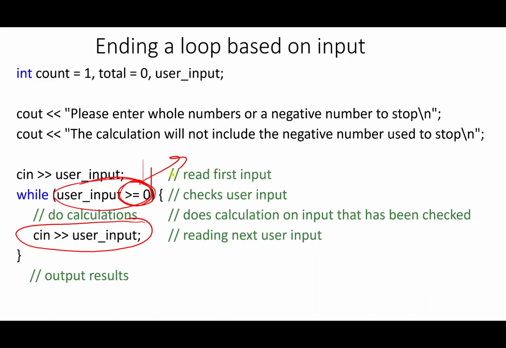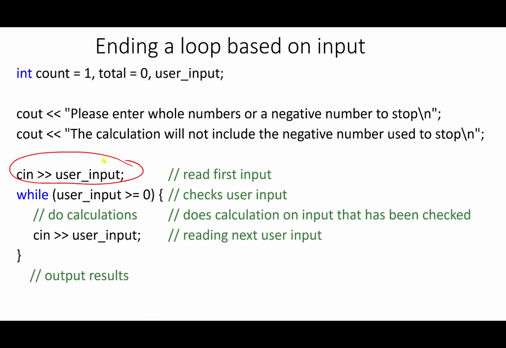So for example, let me just explain this. I'm going to ask the user for input. Then, if the user input is greater than or equal 0, I'm going to do whatever calculations in here and take another input to be checked. If the user input is greater than or equal 0, then keep doing that.